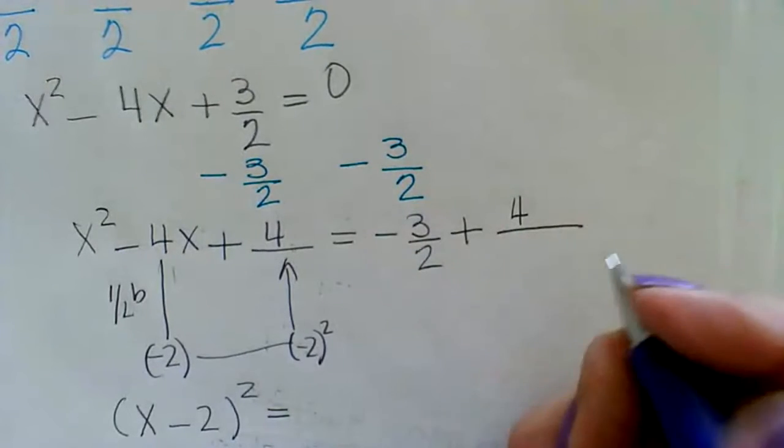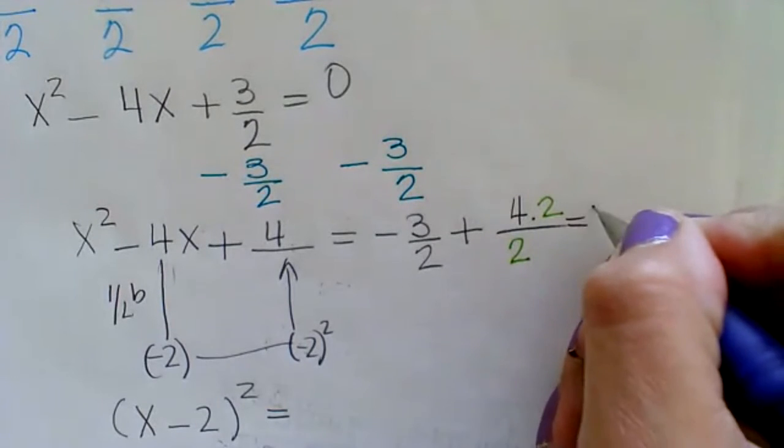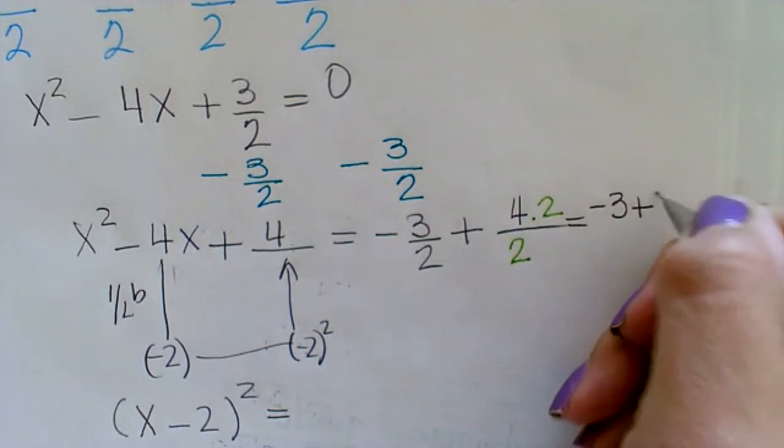And what do I get here? Okay, I need a 2 here. So I need to multiply this by 2. So what I get from here is negative 3 plus 8.